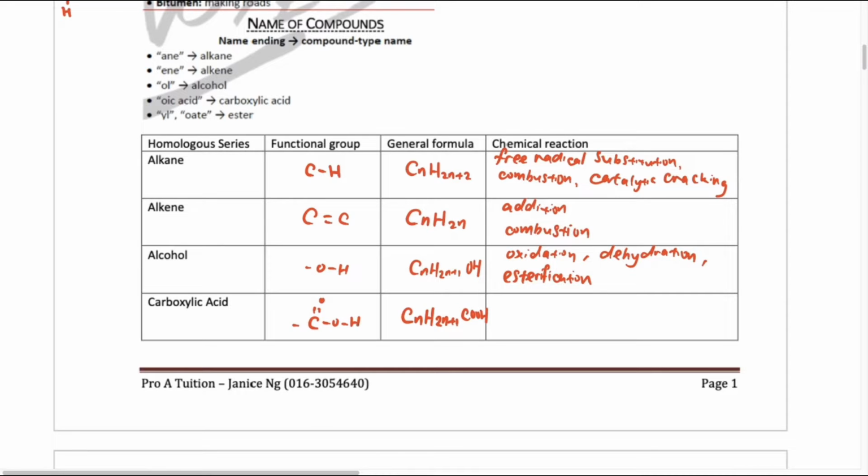Okay, so chemical reactions: it is an acid, right? So that means all the acidic reactions, like carboxylic acid with alkali, with base, with carbonate, with reactive metal.